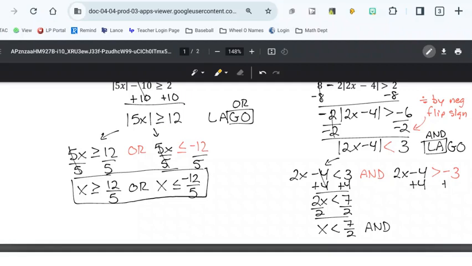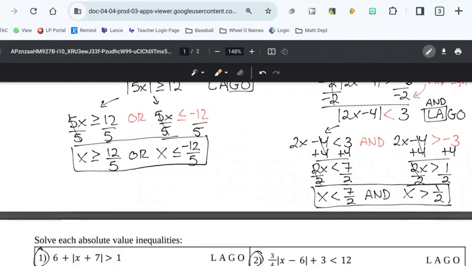We need to add 4 to both sides. 2x is greater than 1, divided by 2. And we get x is greater than 1 half. So the two solutions we have, x is less than 7 halves and x is greater than 1 half.